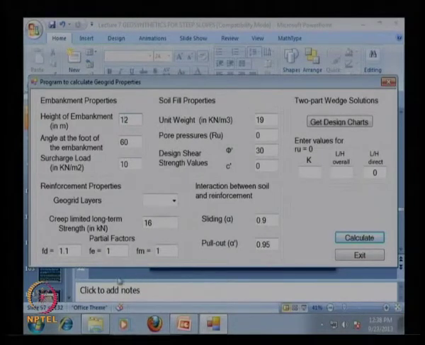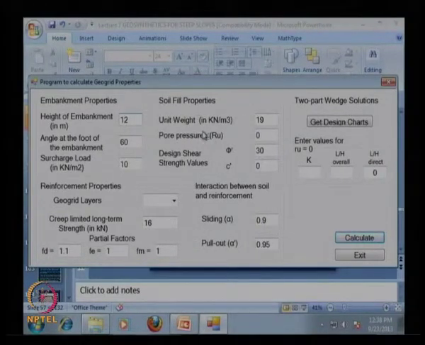So, these are the factors you have to take into consideration for the design, and also you have to check the creep limited long term strength. The limit equilibrium method has been adopted.